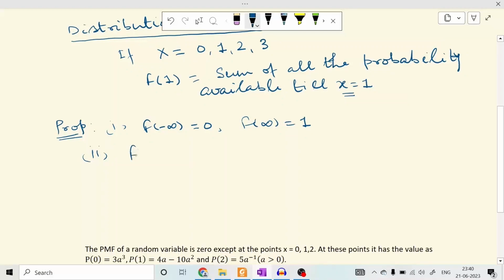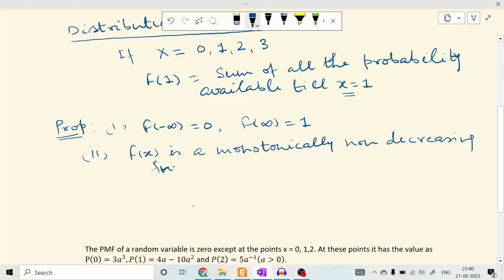Now, the second important property is that this F(x), which is our distribution function, is a monotonic function; in fact, a monotonically non-decreasing function. The value of this function always increases, it never decreases.